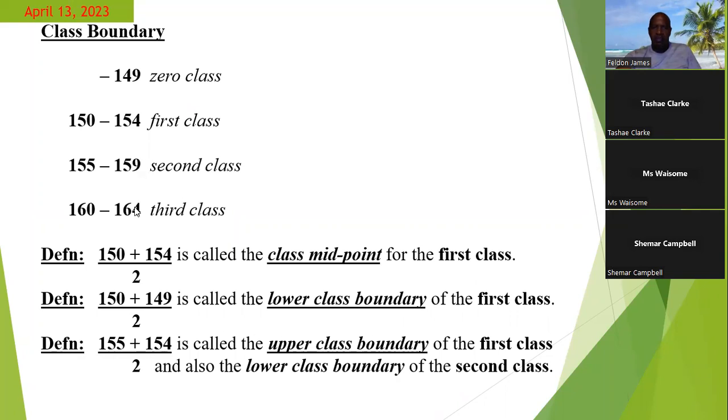Now with this upper class boundary for the first class, the upper class boundary for the first class becomes now the lower class boundary for the second class. The same upper class boundary that we have for the first class, which is the 154.5, is the same boundary for the second class, the lower class boundary.